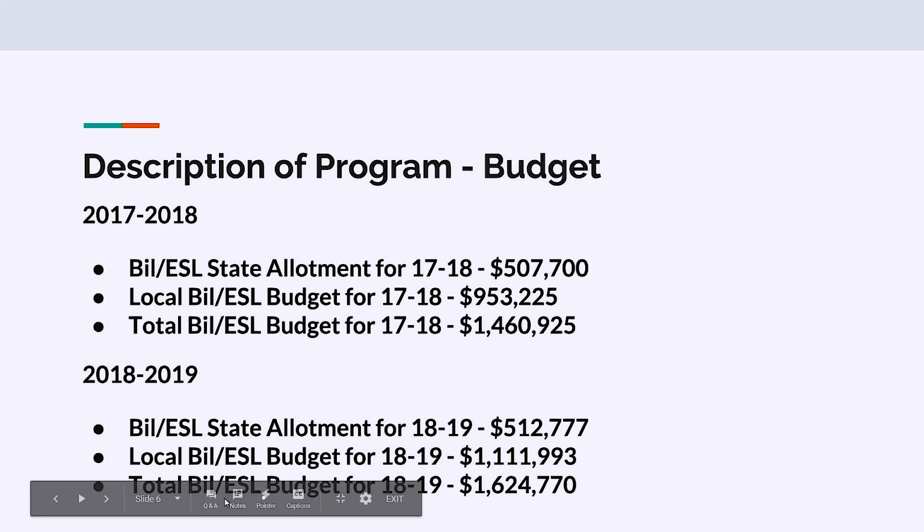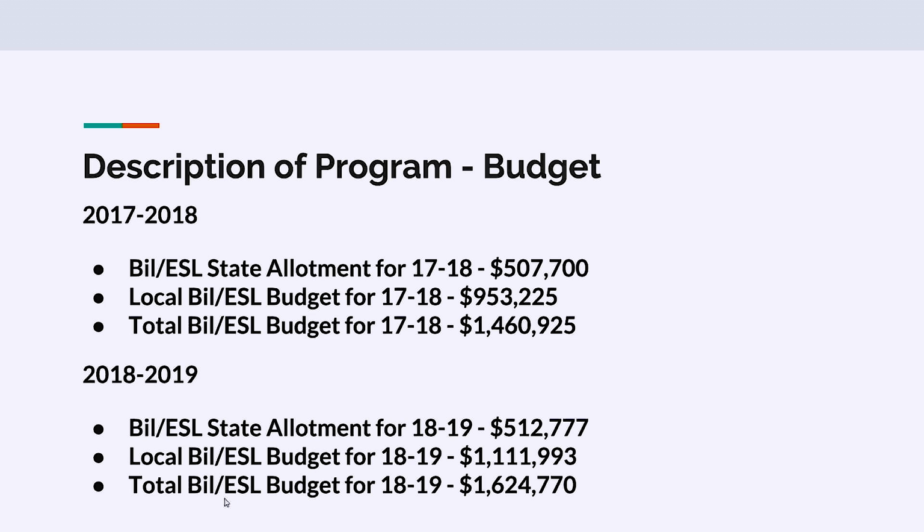So when we look at our budget, from last year to this year, you can tell that the majority of our bilingual ESL budget is local. And it's almost double of what the state allots. So the big difference from last year to this year was mainly our local budget grew by about $150,000, where the state allotment only grew by like $5,000.